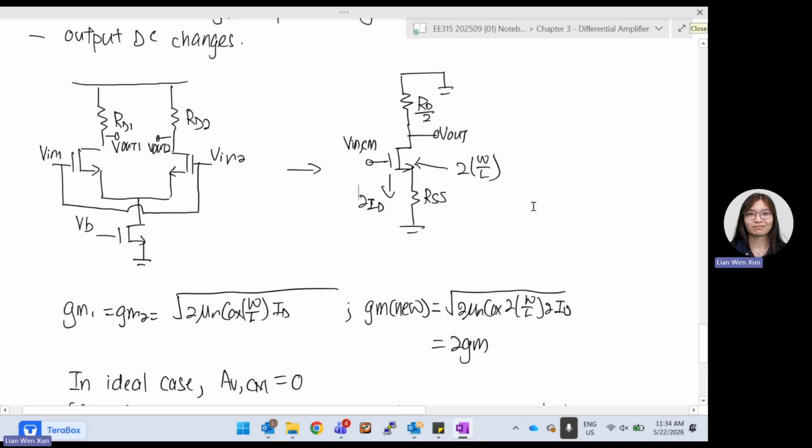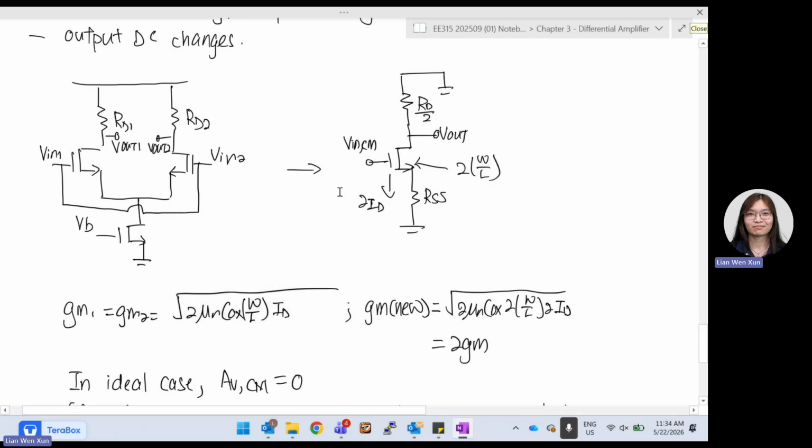If GM1 equals GM2, the GM equation that we derived in the first chapter is equal to square root of 2 mu NCox W over L ID. If it is very ideal, generally GM is just equal to this one.